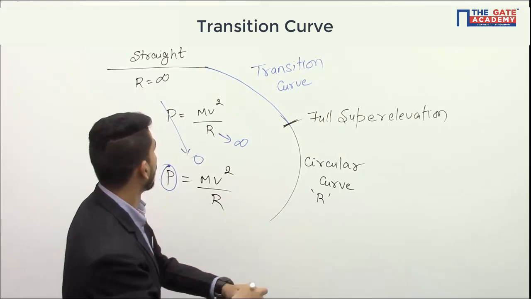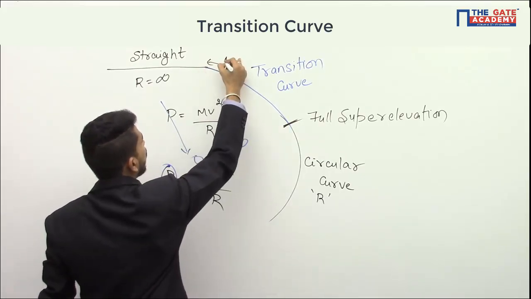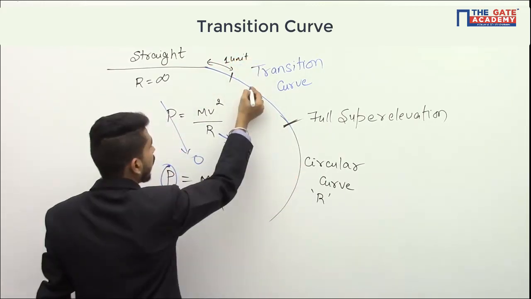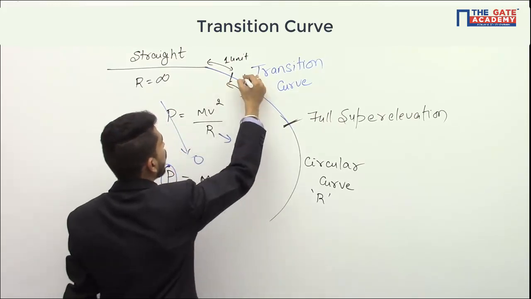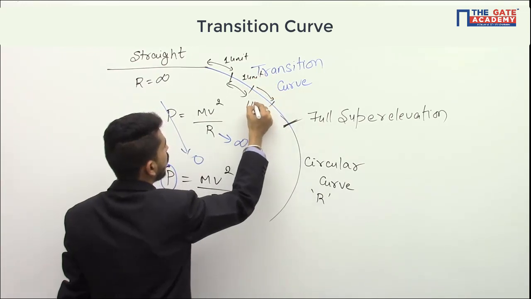How? On a transition curve, let us suppose this much distance. I moved 1 unit. I raised the pavement slightly by 1 unit. Then again till this particular place, I moved some distance. Again 1 unit. Again some distance. Again 1 unit.